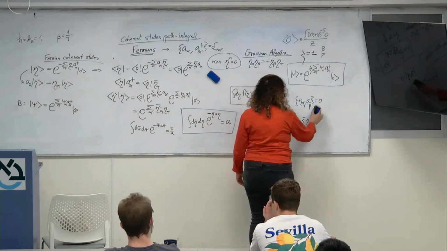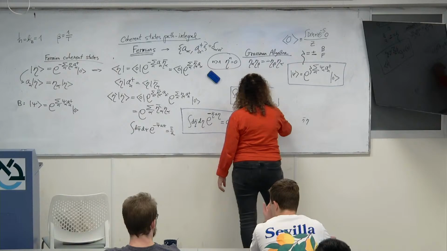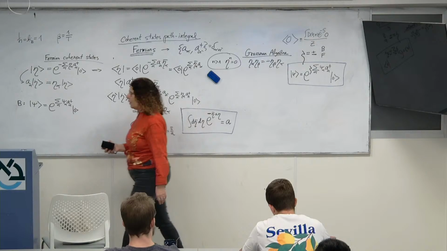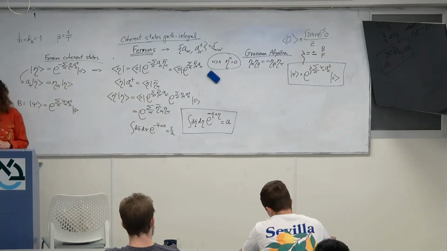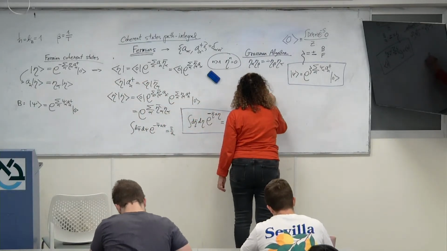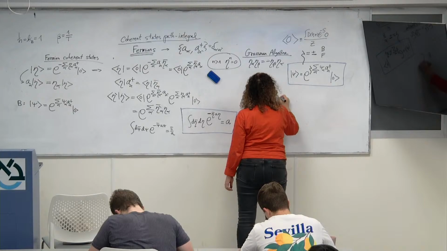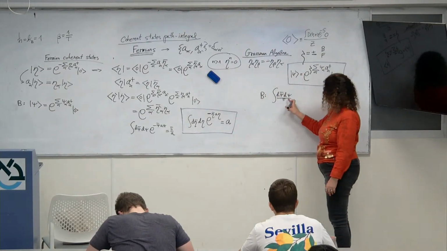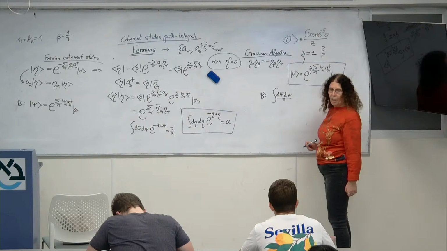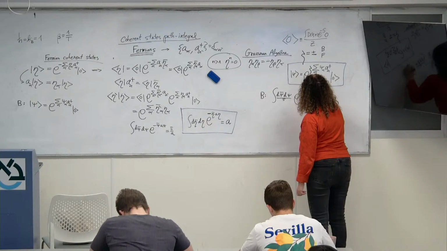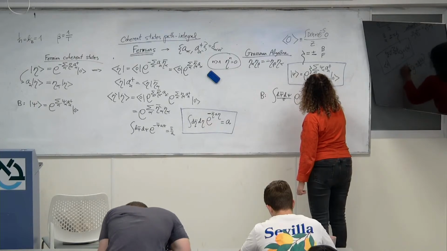For bosons, or for complex numbers, we got the integral of d psi bar d psi over pi, let's put the factor of pi here, because remember this is how we defined our differential, e to the something like this.